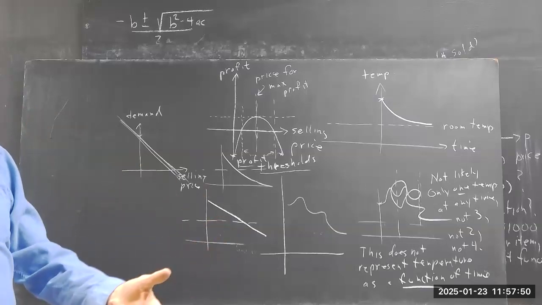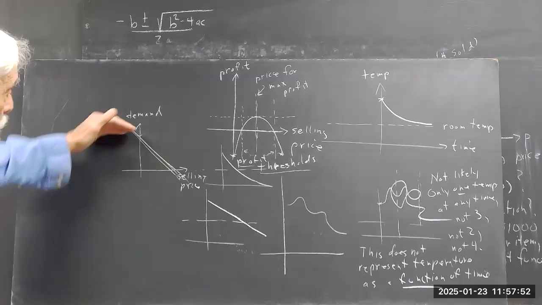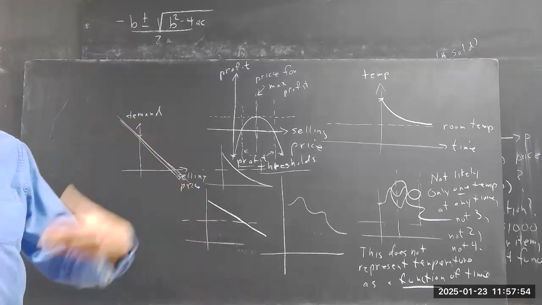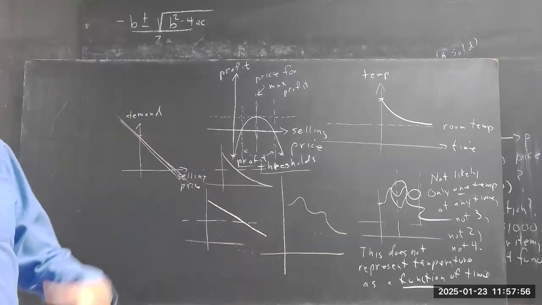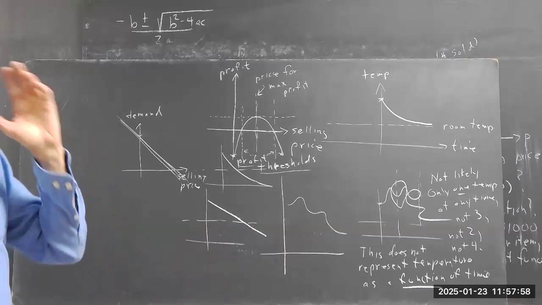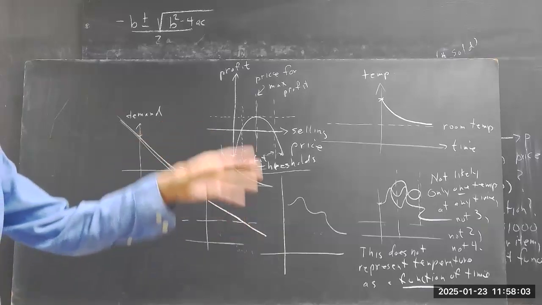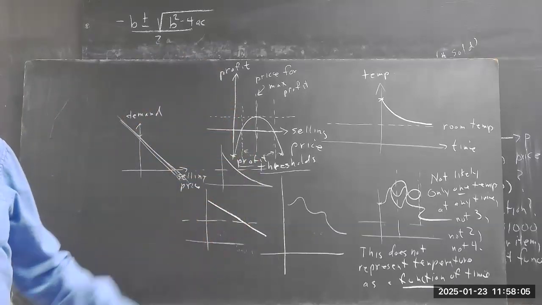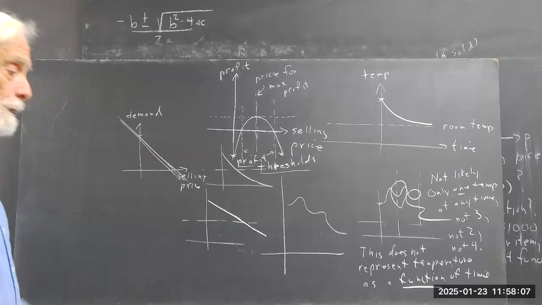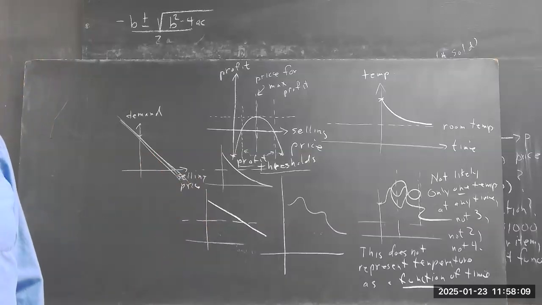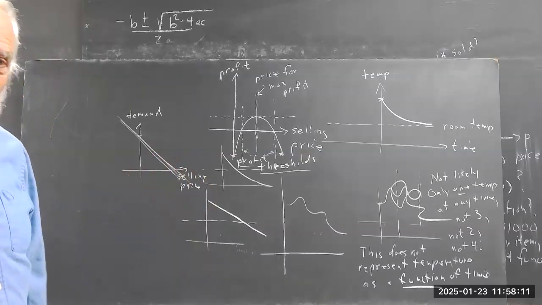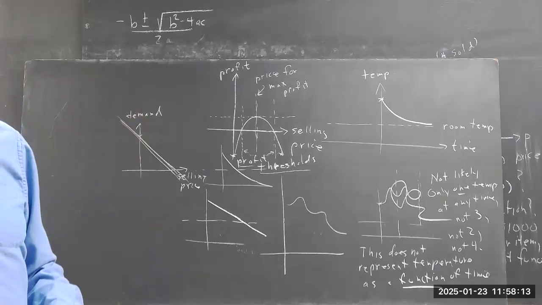Now, maybe you have a market research team that can come up with a more complicated, more complex model. They know quite a bit of mathematics. If you've got a big business, you're going to hire somebody who really knows mathematics of marketing and selling and all the finance. Okay. If you're running a mom and pop business, hope you can draw a graph and have a little intuition about what works.